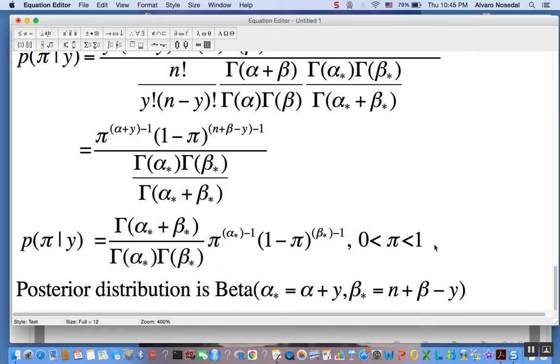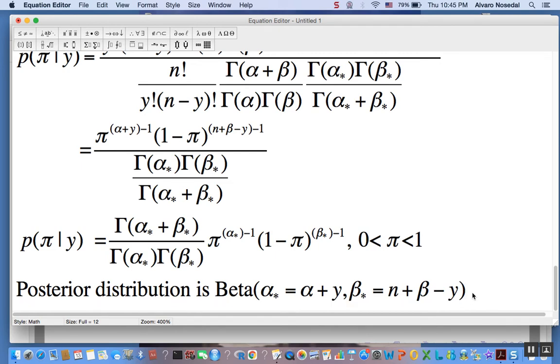So our prior and our posterior belong to the same family of distributions. Therefore, a beta distribution is the conjugate prior for a binomial likelihood when the parameter of interest is pi. Make sense?